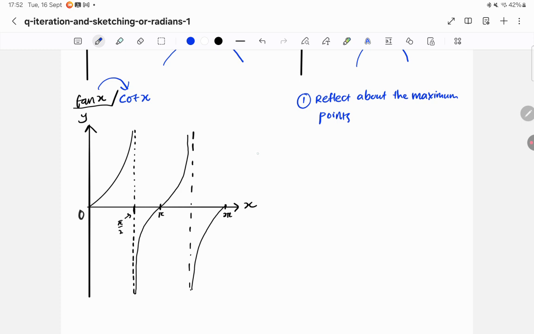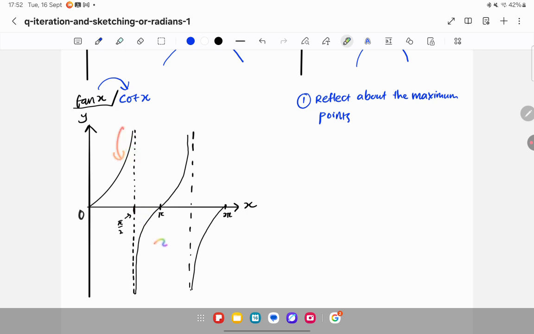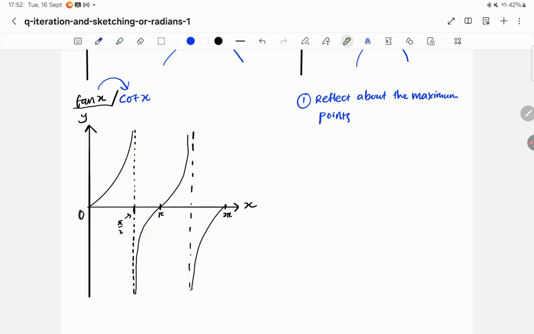You're just going to take this line over here and connect it with the line below. Here's the tangent x graph, and the shape would simply reflect about a middle axis here. And you would get something like this, roughly something like this.